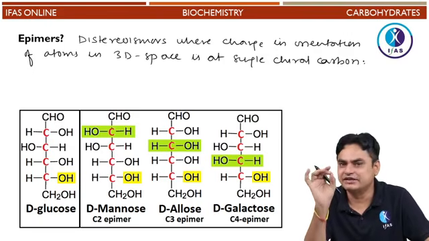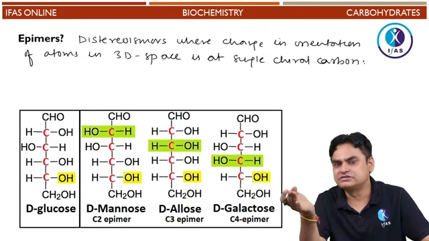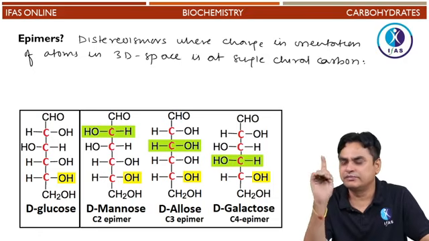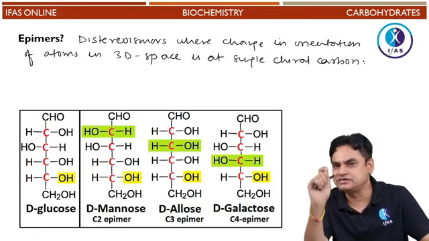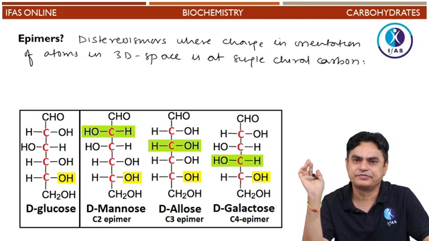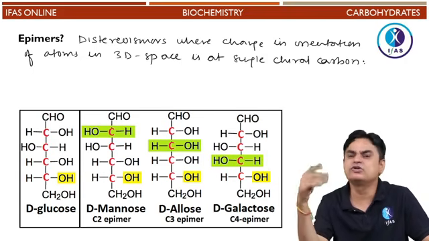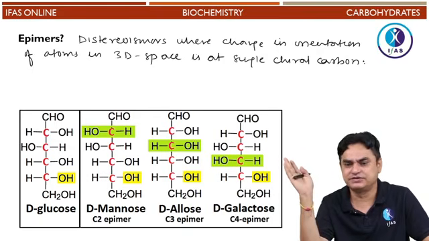Because we have said that in diastereoisomers the change could be at one or more than one place, but not at all places. But if it is only at one place, then such a diastereoisomer would be referred to as an epimer. If it is a single place, epimer. If it is at all places, then it is not a diastereoisomer, then it would be an enantiomer.